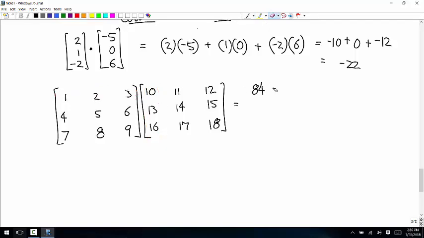Then for the 1, 2 element, we're going to take the dot product of the first row with the second column. Dot product of 1, 2, 3 with 11, 14, 17. And for that one, I think you get 90.